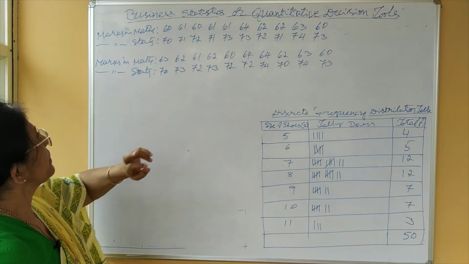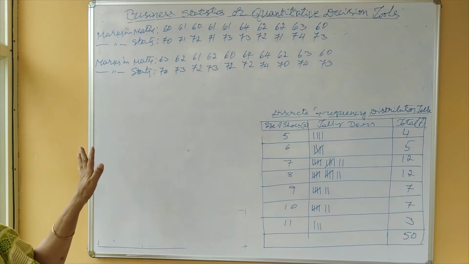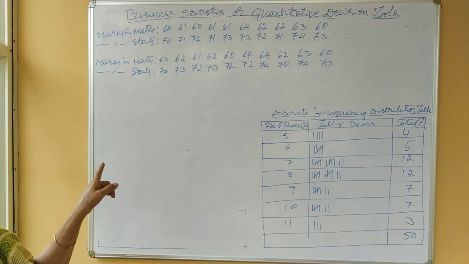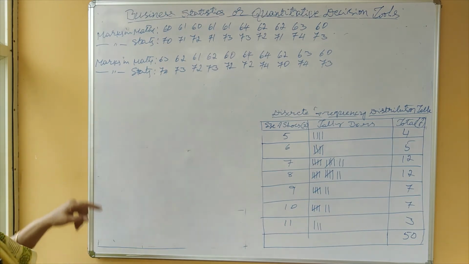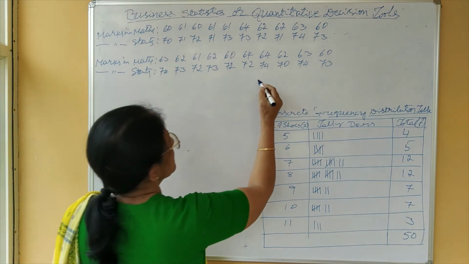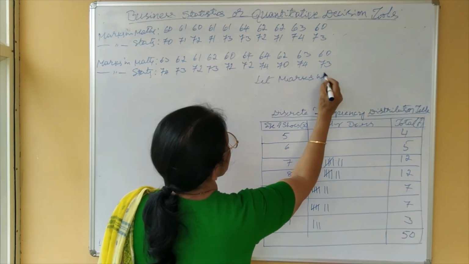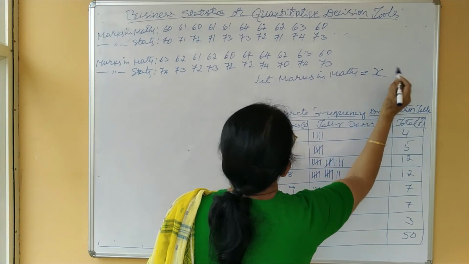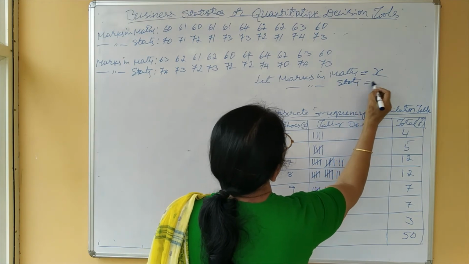statistics. Means here we have to prepare a discrete frequency distribution table. In this case, what we have to do first is find out the range for both the variables. Here we may take marks in mathematics as x and marks in statistics as y.